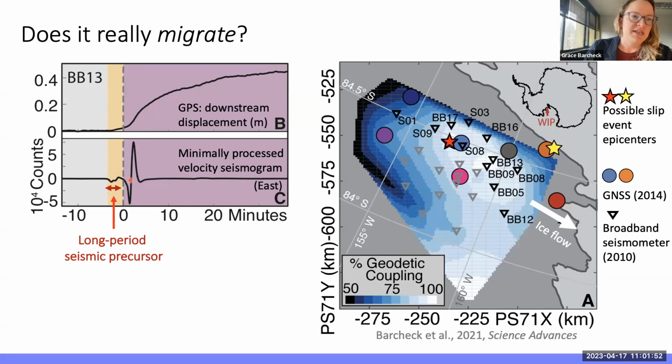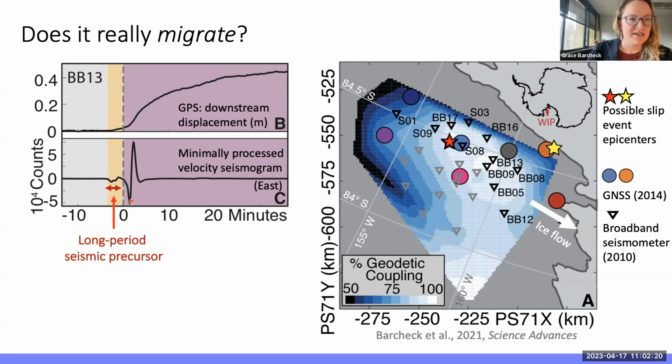And so what we see is when the slip event begins, there's this gigantic wiggle. And then as the slip event proceeds, not much happens on the broadband seismometer. In this particular event, maybe there's a little bit of precursory slow slip as well, and we see this funny negative long period seismic wiggle.